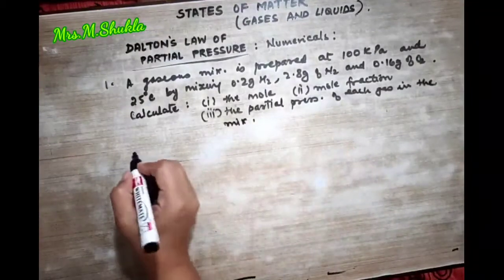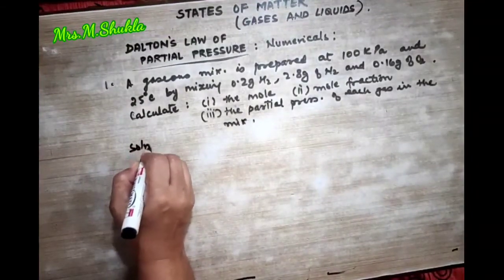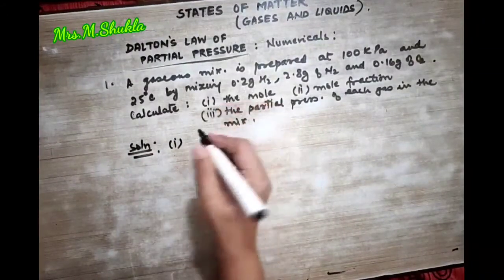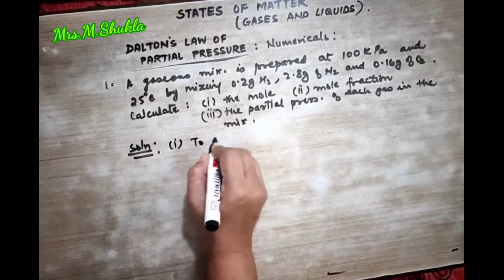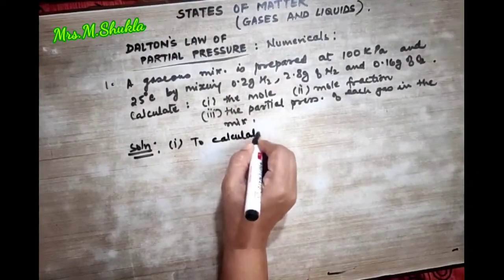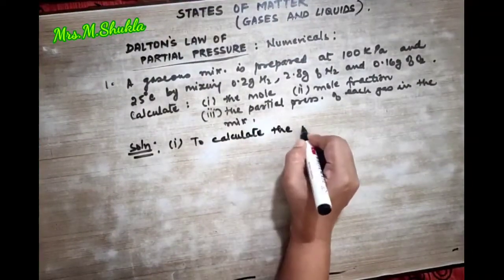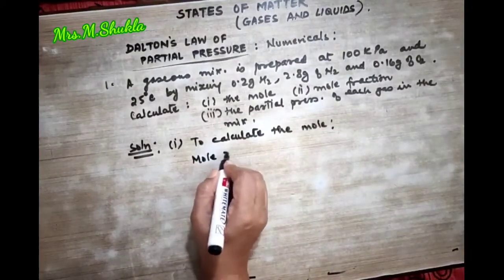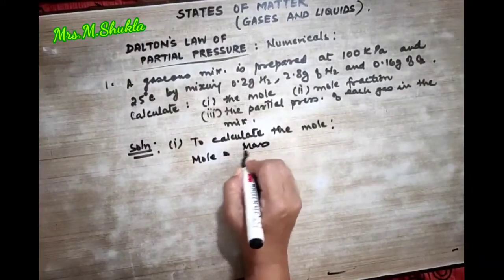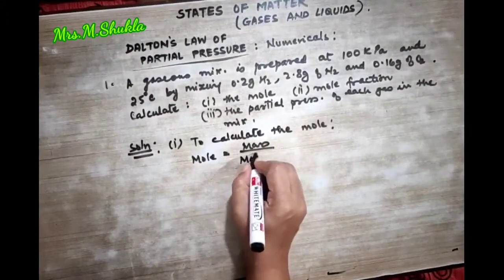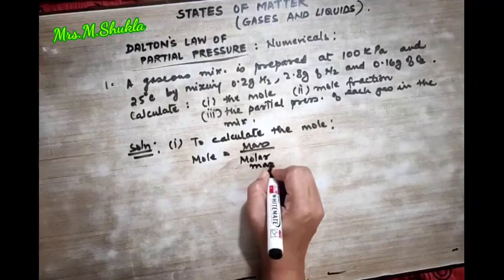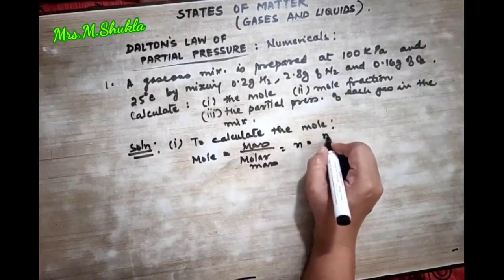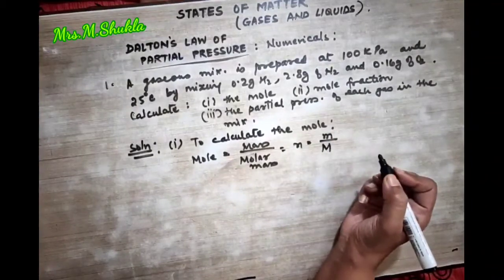Okay, so let us do the question. First part, what do we have to calculate? We have to calculate the mole. To calculate the mole, what is the formula? Mole is always equal to mass upon molar mass, so n is equal to small m upon molar mass.